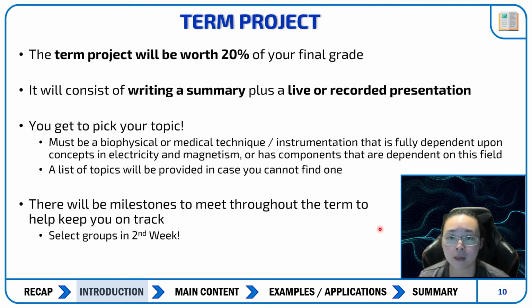So you can pick your topic. There's going to be a list of topics that I'll provide as well in case you can't think of one, but be creative. Take the opportunity to learn about something that you really want to expand your knowledge about.